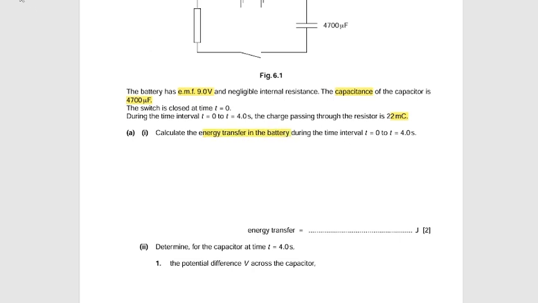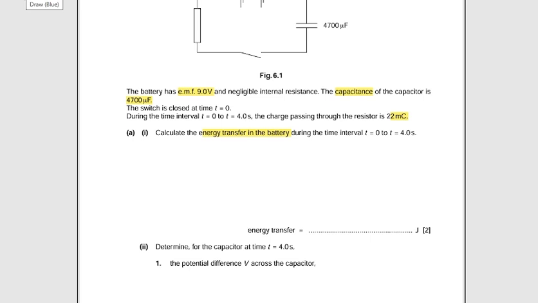Now, most students have learned these two formulas for finding energy in a capacitor, that is E equals 1/2 QV or E equals 1/2 CV squared. But the catch here is that they are asking for the energy transferred in the battery.